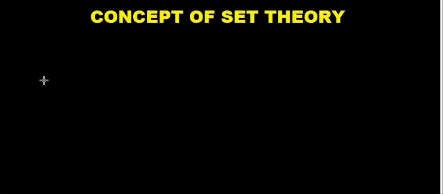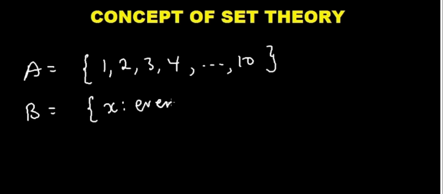Let's assume we have set A as 1, 2, 3, 4 to 10, and you are given a set B as a set of even numbers from 1 to 10.